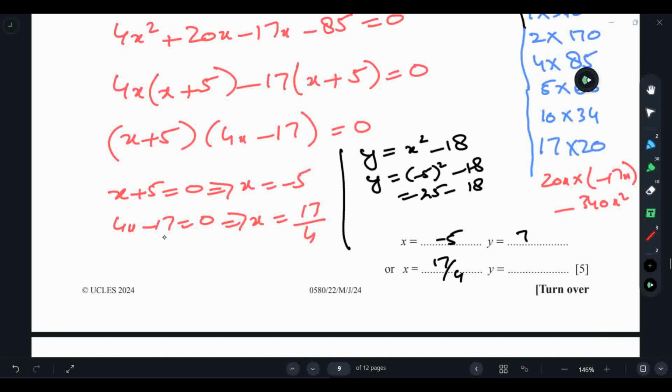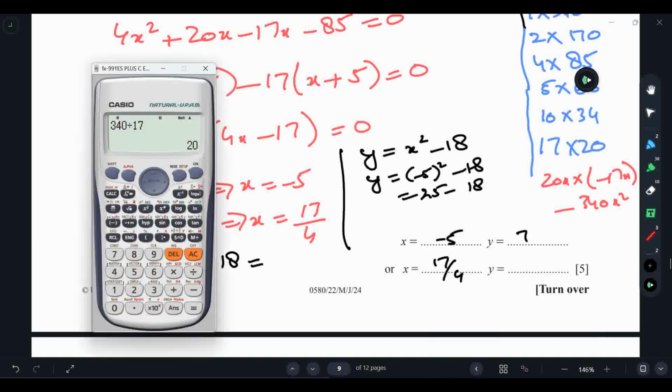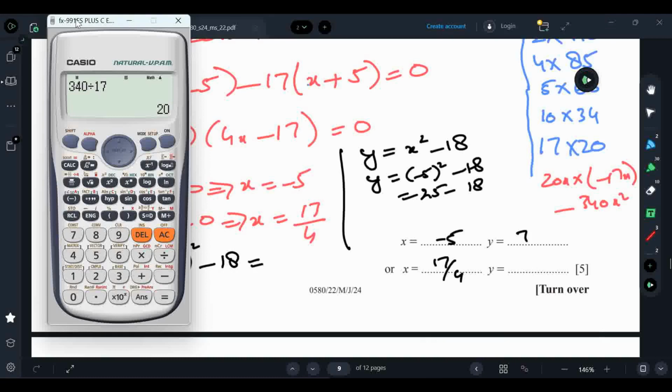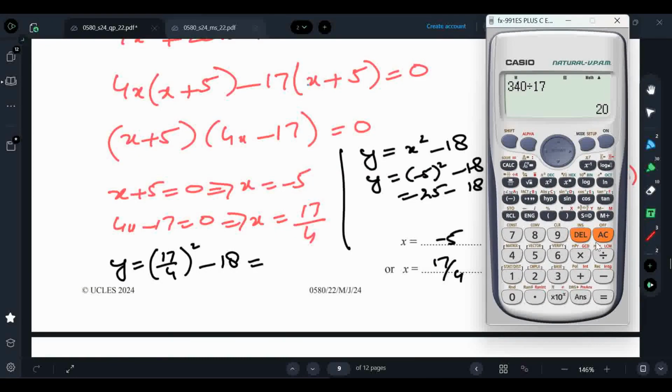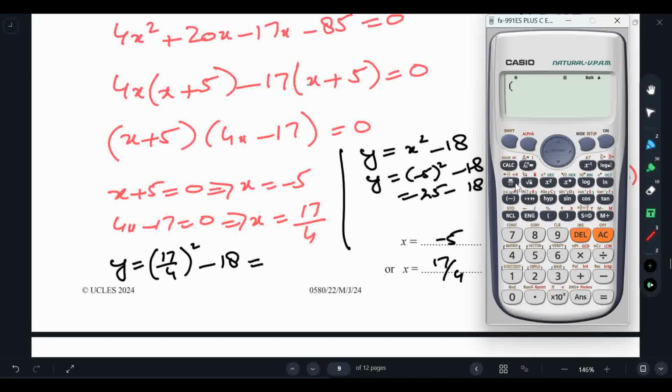The other one is y is equals to 17 by 4 square minus 18. So this will be equals to, let me use the calculator over here, fraction, and we need to use the bracket.